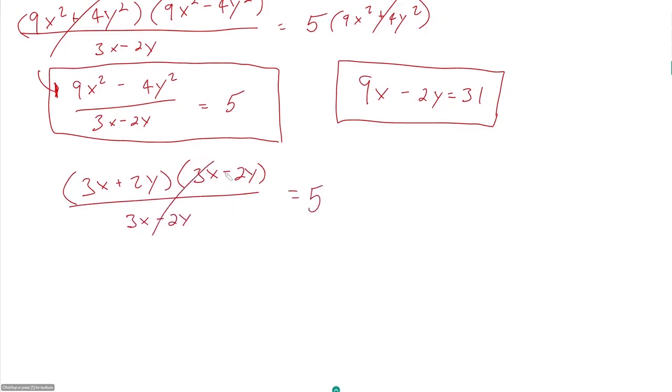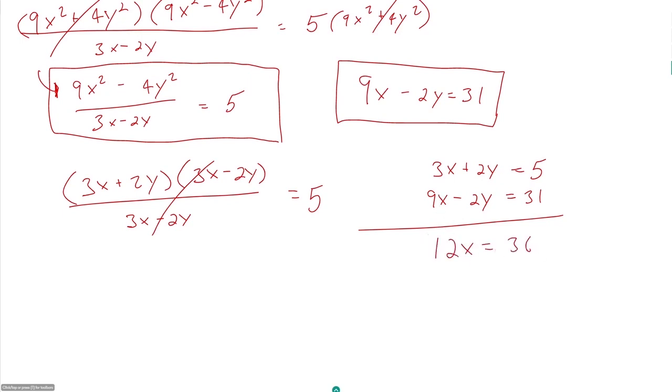Now these 3x minus 2y's cancel out, and I just have two easy-looking algebra expressions: 3x plus 2y is equal to 5, and 9x minus 2y is equal to 31. They're asking for x, and just like before, our two equations line up very nicely. If I just add them, my y goes away, which is what I want. So 12x is equal to 36. x is equal to 3.